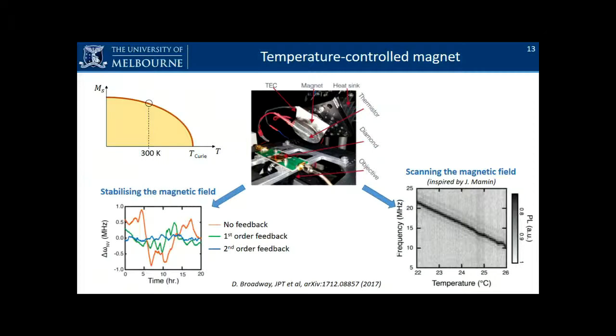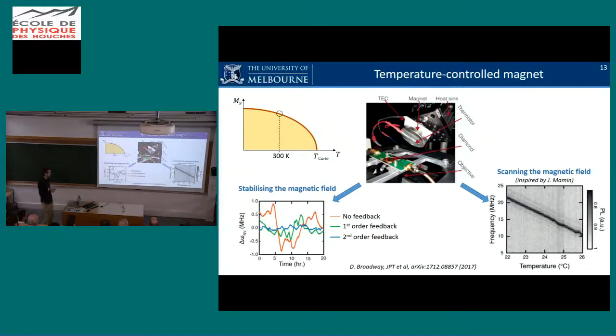All right, just a technical side note to say that we now use temperature control of the magnet to do the scanning of the magnetic field. That's a trick which is known in the community, that there is a temperature sensitivity of the magnet, and it's usually annoying when you want to stabilize the magnetic field. Here we use that as a resource to scan the magnetic field.